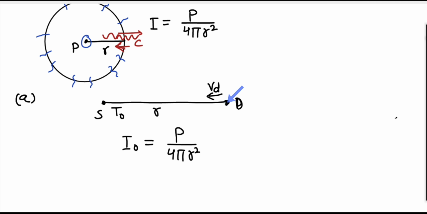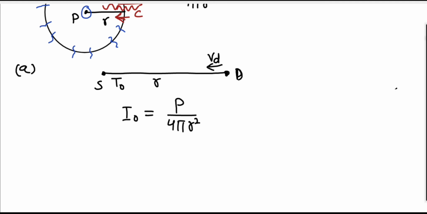And also at the point where the detector is actually located, the energy received in the time period T naught, or the energy that will be crossing this unit area in time T naught, will be equal to I naught into T naught, right?